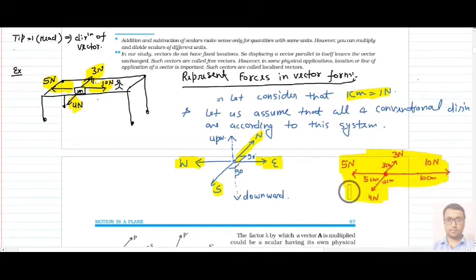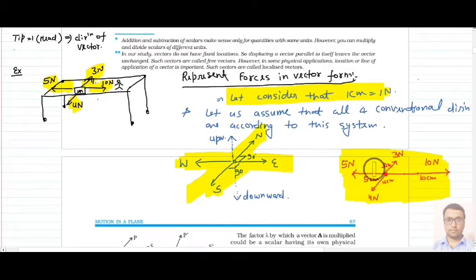Now this is true for any vector quantity. These arrows, and all these assumptions like scaling and the four conventional directions, are true for any physical quantity. Like for velocity also, you can represent the velocity vector by these arrows.